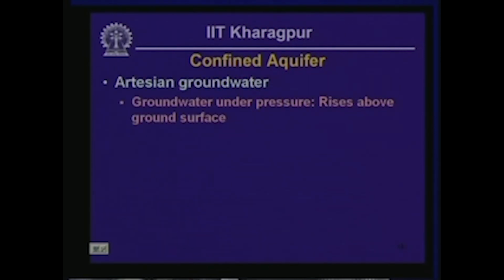Okay. Now, getting back to confined aquifer, to introduce the concept of artesian groundwater. As we have already learnt, artesian groundwater is groundwater under pressure, and as a result, because of the pressure, it actually rises above the groundwater surface. Now let's consider an example here.